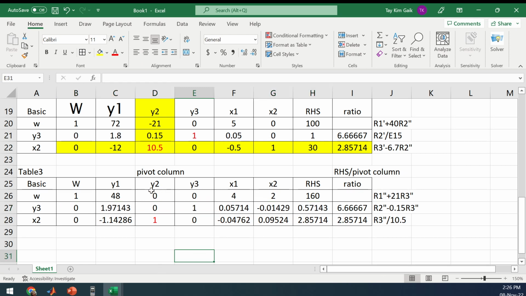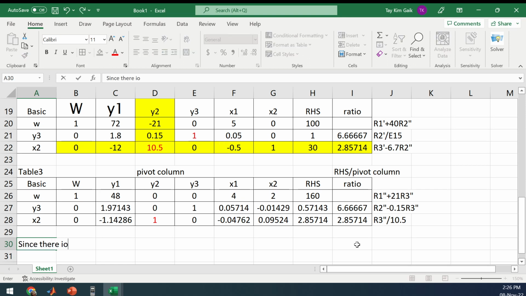So you can observe that there is no more negative value in the objective function, hence the solution is optimal. Since there is no more negative value in the objective function row, thus the solution is optimal.